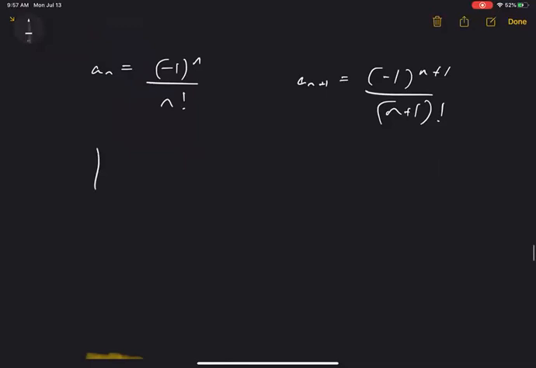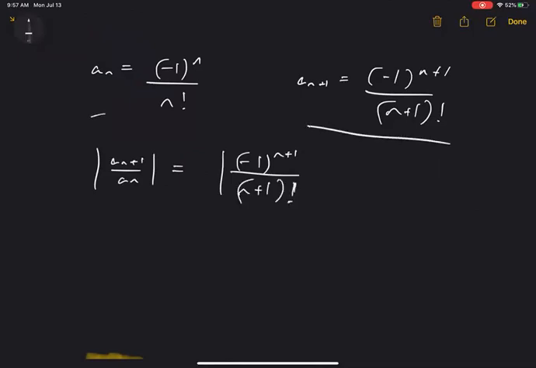And so let's look at our an plus 1 over an. I'm dividing this by this, which means multiplying by the reciprocal. So my an plus 1 over an is equal to this thing.